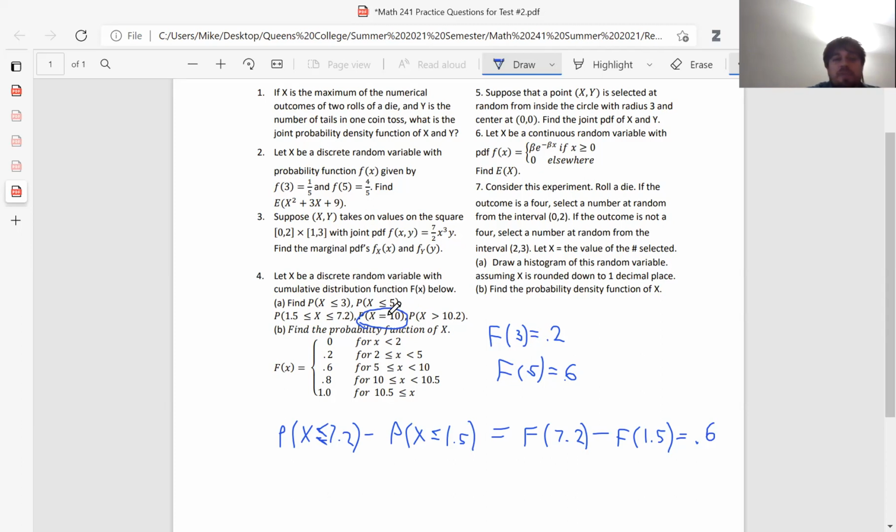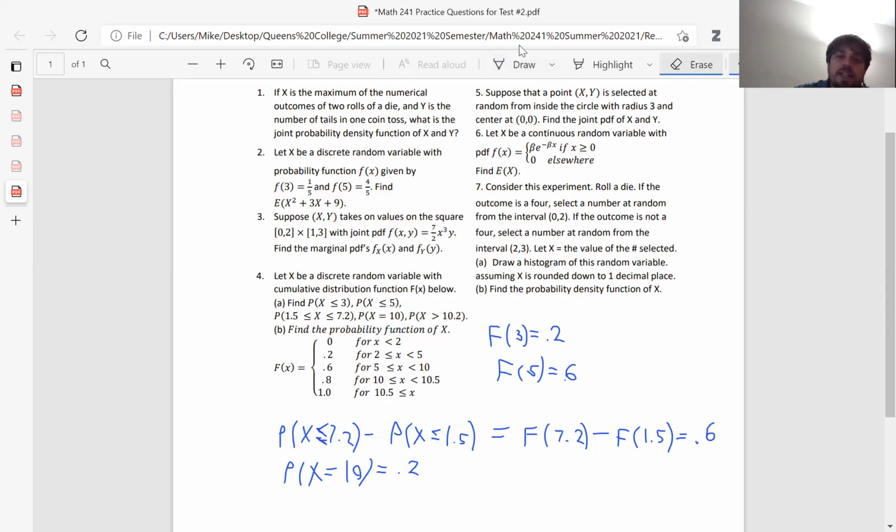The probability x equals 10 is the amount the cumulative distribution function jumps from x less than 10 to x equals 10. It jumps from 0.6 to 0.8, a jump of 0.2. So the probability x equals 10 is 0.2.